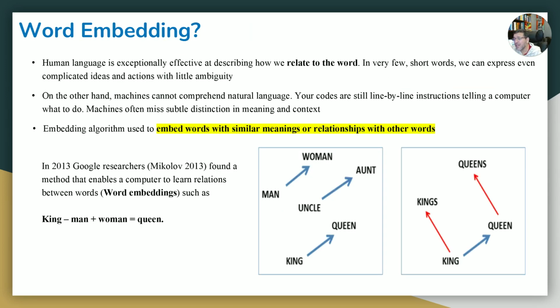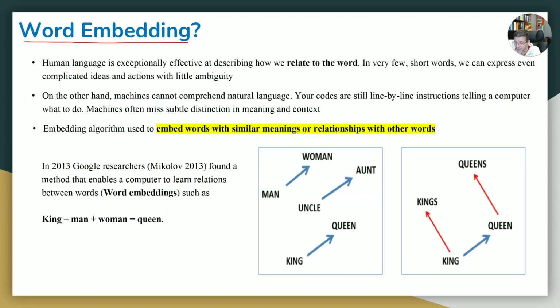Okay, the most advanced technique for converting your tokens into tabular data is what we call word embedding. Word embedding embeds words with similar meanings or relationships near one another.